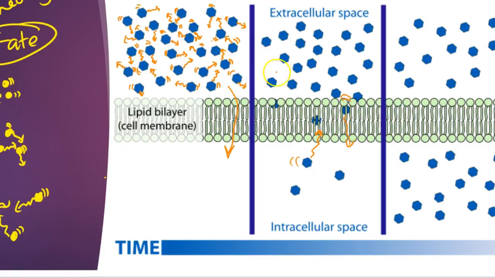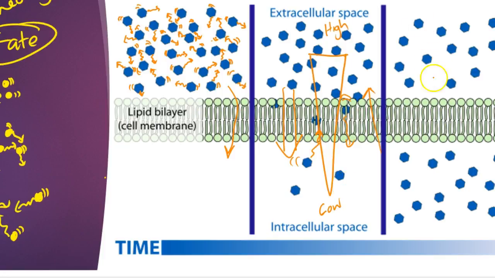But because the majority are on this side of the membrane and less are on this side, most of the movement will tend to be in this direction and less of it in this direction. In other words, they'll have an overall movement from high concentration to low concentration simply because of the number of molecules that are on either side. Call this a concentration gradient.